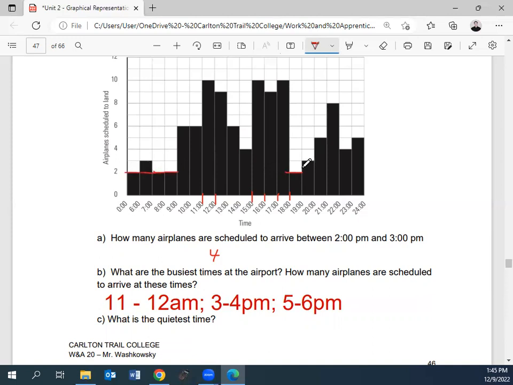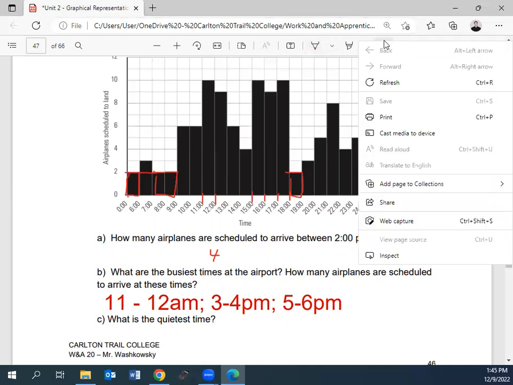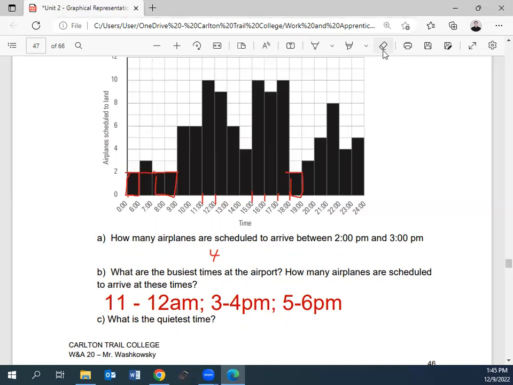If I wanted to do a specific time, I'd probably say between midnight and 9 a.m. But you're right, you could include that there too. I'm not actually going to put anything there because there's a lot of stuff to write and we just have a shorter day, so I want to accelerate it. These things I've highlighted in red would all be the shortest times, because there's the least amount of airplanes that landed, which makes sense. Fewer airplanes land at midnight.